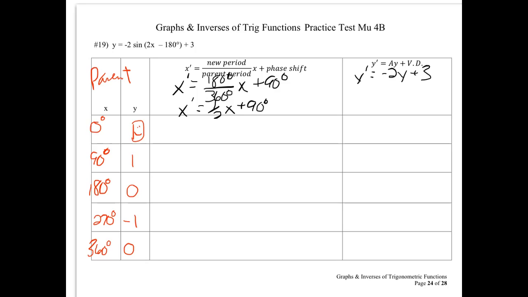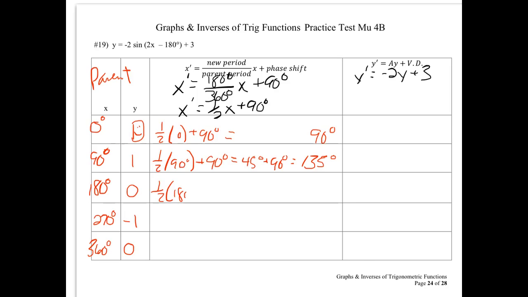X prime. Take half of x and then add 90. So in this first one, we're going to take half of 0 plus 90, which is going to be 90. This next one, we take half of 90 plus 90. It's going to be 45 plus 90, which is 135 degrees. Then we got half of 180 plus 90, which is 90 plus 90, which is 180.